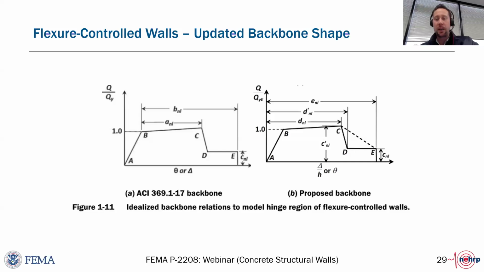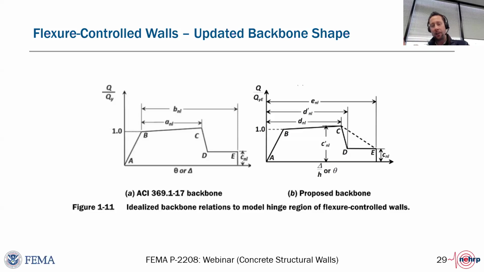The other big update that I'll point out is that rather than the A and B parameters that you see for plastic deformation capacity on the left, where the lowercase a_NL and b_NL start from the yield point, on the right, it's total deformation that's listed there.